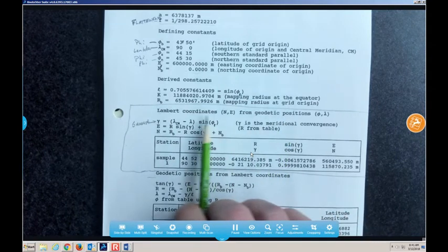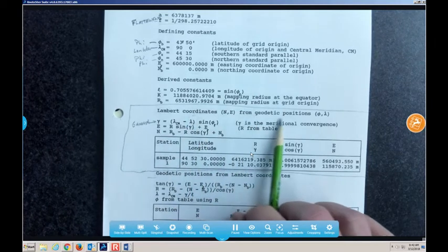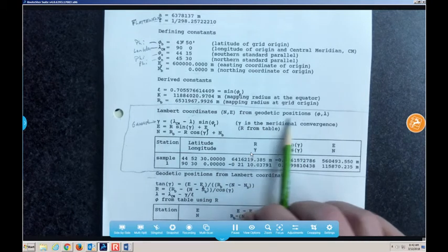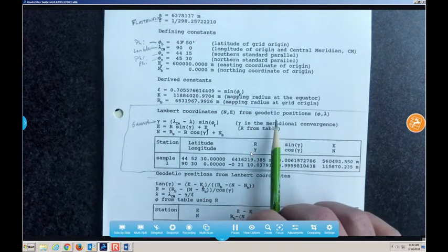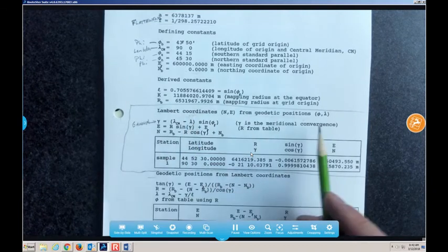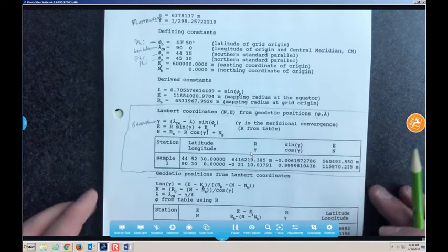So we're going from lat long to northing and easting. That's what they're showing here. Lat long, northing, easting. So we're going to use this one as an example.